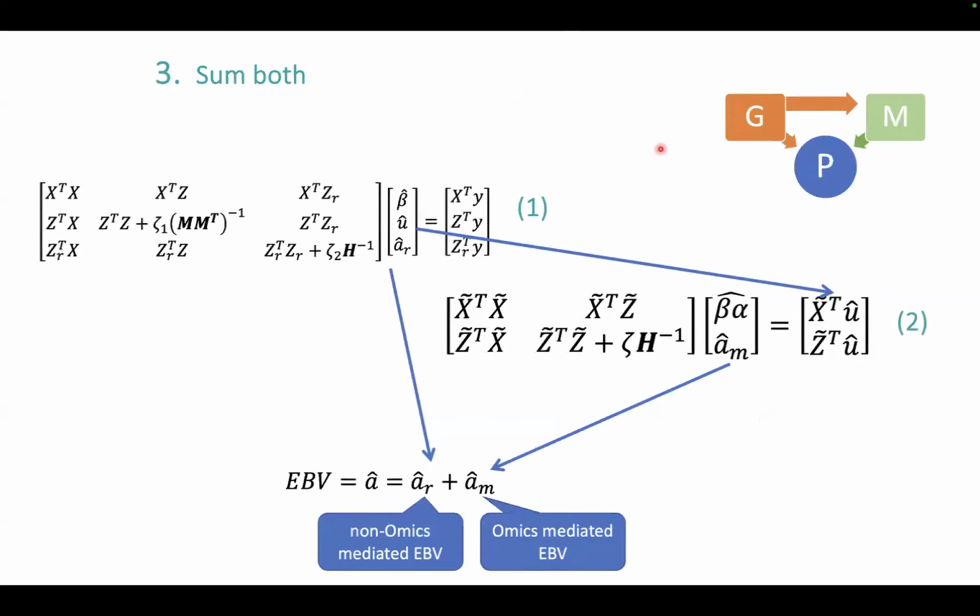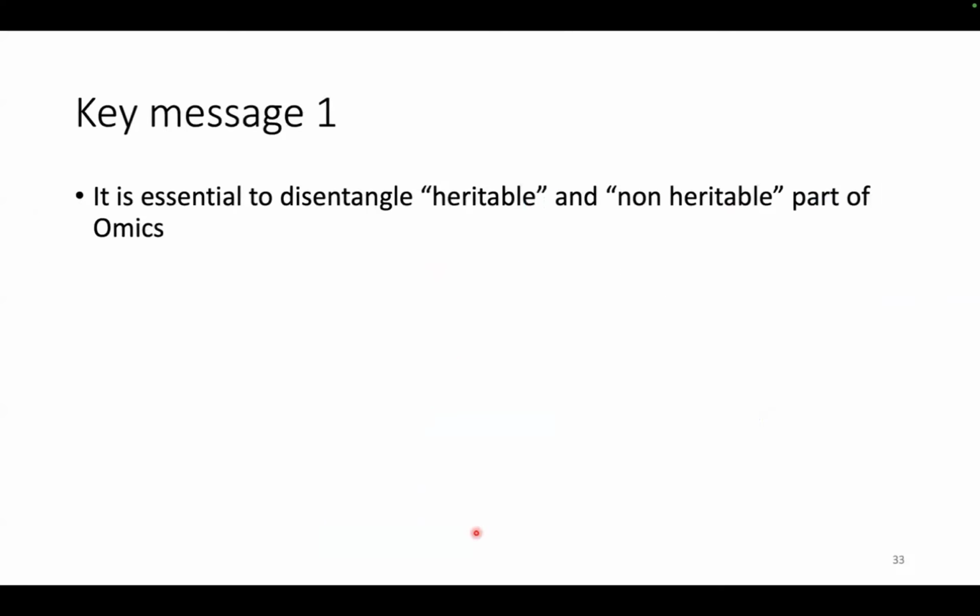And then you just sum both. So you run your analysis one and your analysis two. From analysis one, you get this A hat R here, which is the non-mediated. From analysis two, you get this A hat M here, which is the mediated. You sum these, and the result is the total breeding value. So, okay, this is key message one.